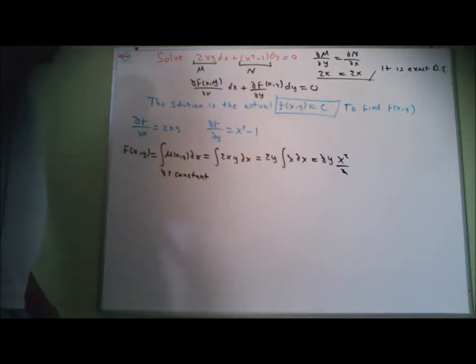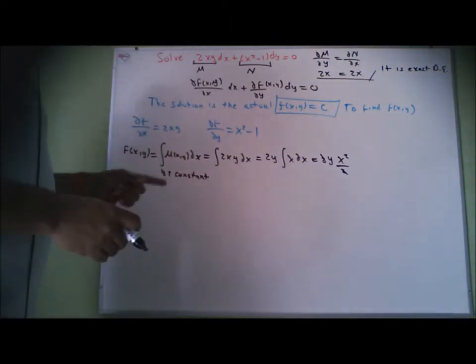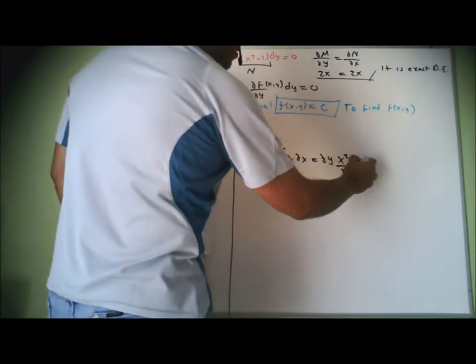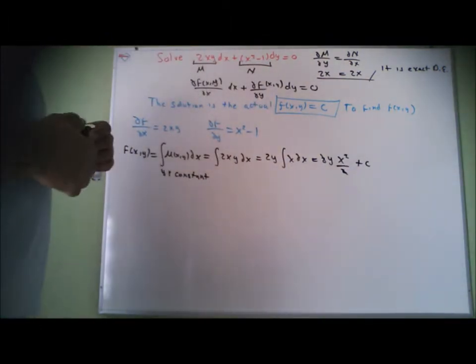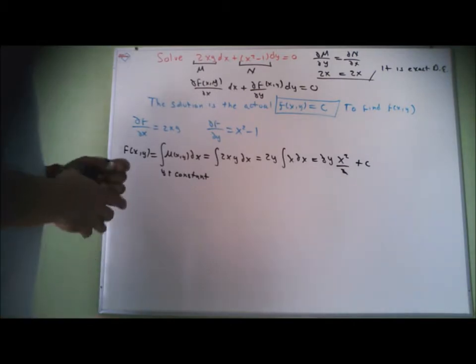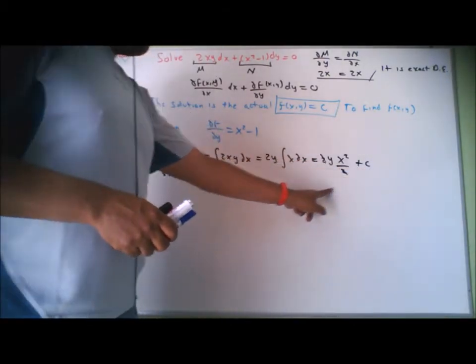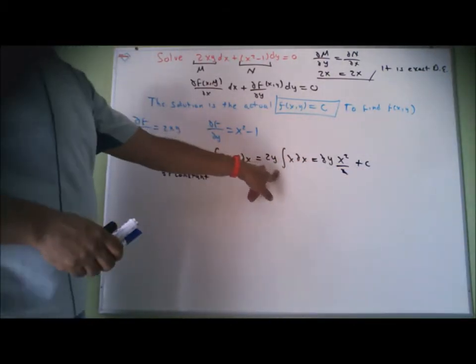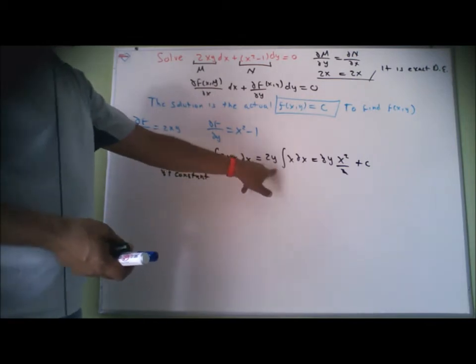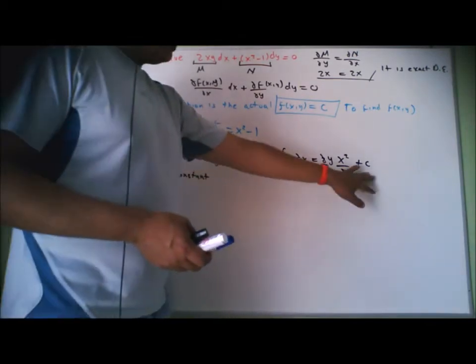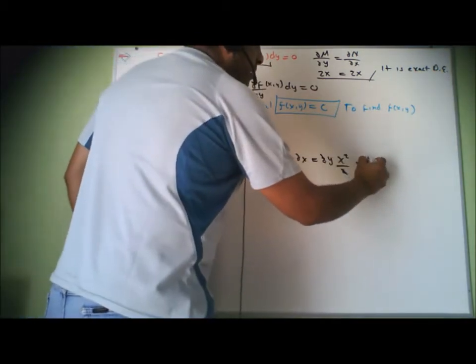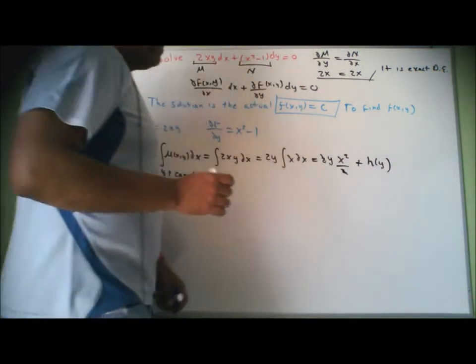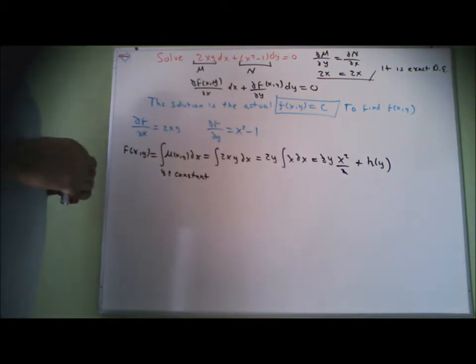Okay, but every time you take the integral, then you have to add a constant. But be careful here, and this is very confusing for the students. If you add a constant, remember that the y was considered a constant, and because it was considered a constant, then this constant could be a function of y. Alright, a function of y.